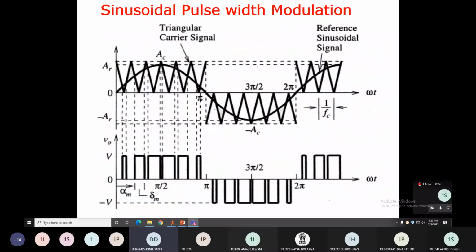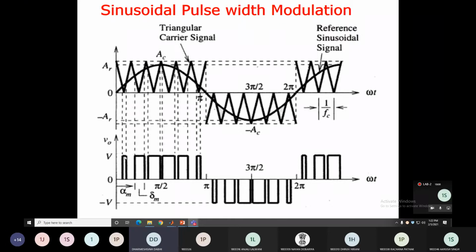Now let's understand sinusoidal pulse width modulation again. We take the sine wave as the reference signal, and we compare it with the high frequency triangular wave. The logic is that when the reference signal is more than the triangular wave, at that time you generate the output voltage. At the start, the reference signal is more than the triangular wave only for a short duration, so you get a small output voltage.